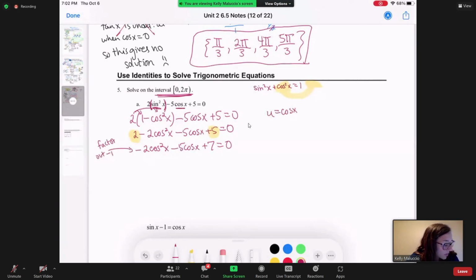And so what that looks like, and I'll write it here, is negative times 2 cosine squared x plus 5 cosine x minus 7 equals 0. So I factored out this -1. Because the other side equals 0, and you can see when I factored it out these minuses changed to plus, and this plus changed to a minus.